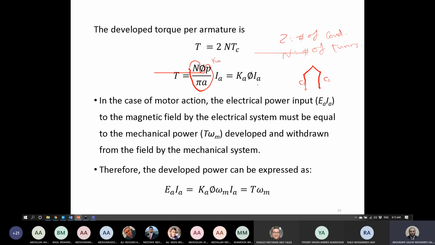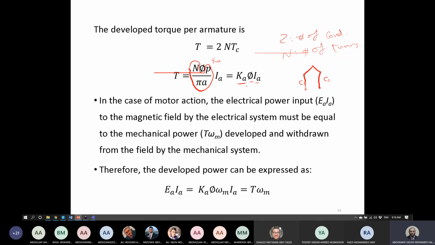So now we have two important relations in the DC machine, converting from magnetic flux to the electrical circuit, for an electromechanical device. We have torque, which equals the machine constant multiplied by flux multiplied by current.